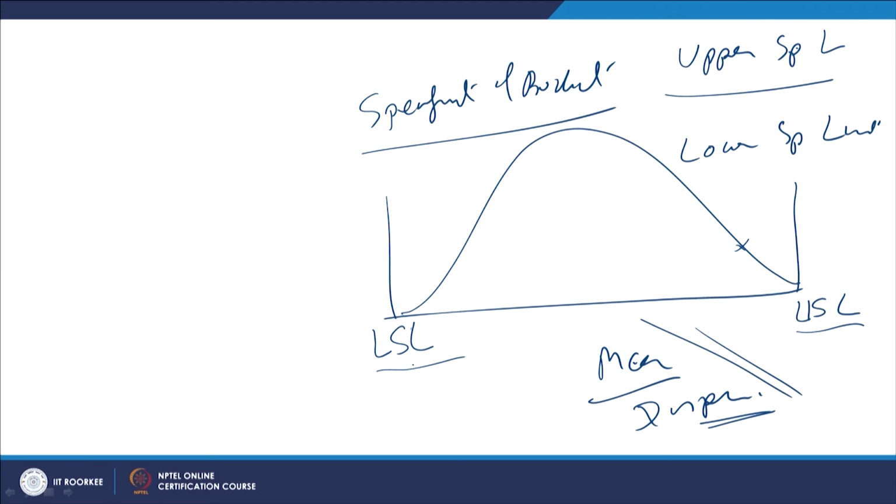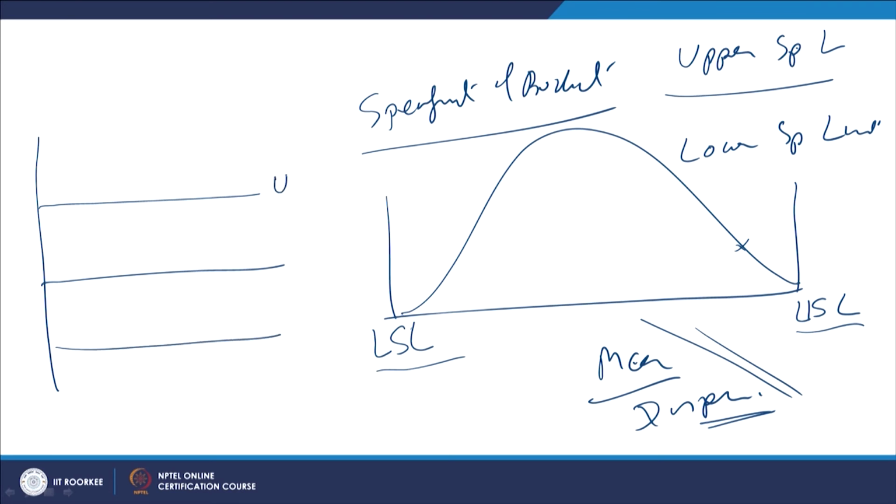So, how to make that inference? Let us say the process upper control limit and lower control limit are these. So, the process may be making most of the units with the variability like this, where most of the things are being manufactured.